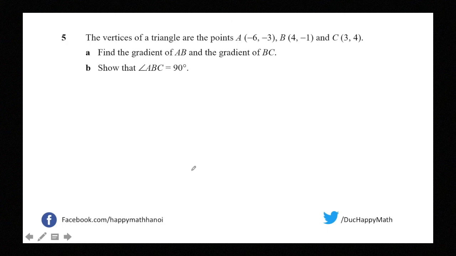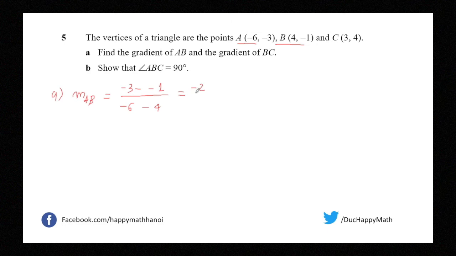Question B. The vertices of the triangle are the points A, B, and C. Find the gradient of AB and the gradient of AC. Quite easy. Question A: the gradient of AB means you have to find the gradient between point A and point B, minus 3 minus 1 over minus 6 minus 4.